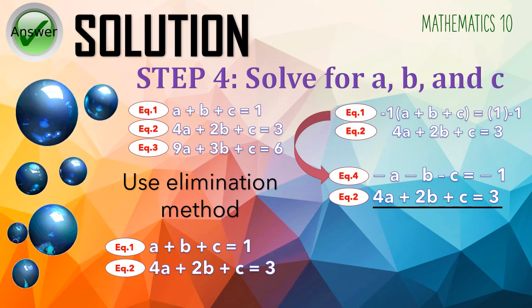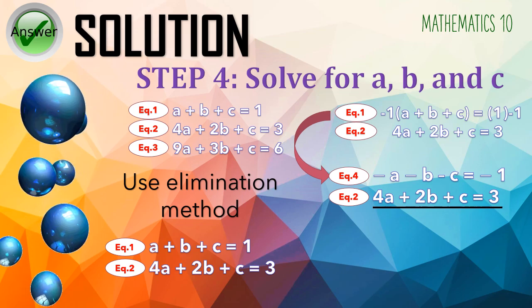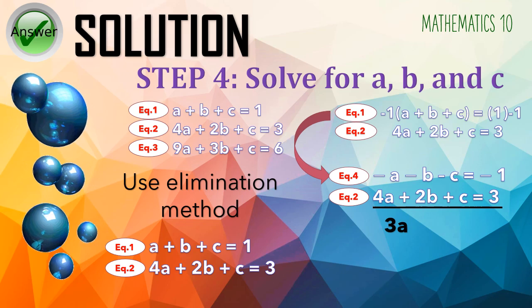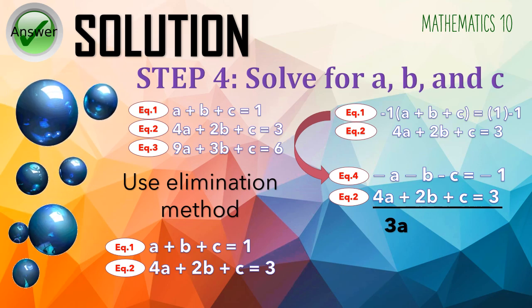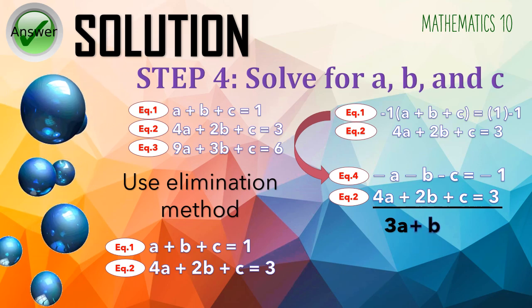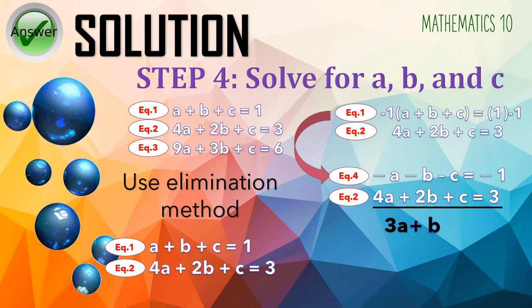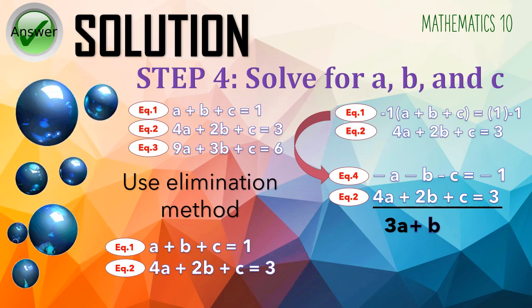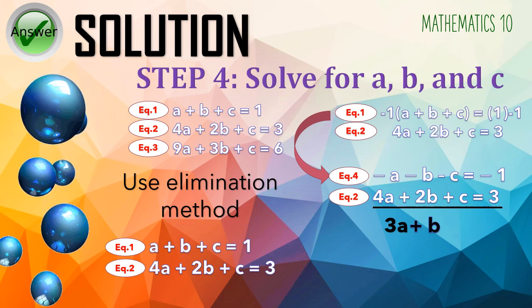So therefore, combining like terms, the remaining like terms, we have negative a plus 4a, so 3a. Negative b plus 2b, it's positive b. And again, the term with variable c, we are going to eliminate that already.